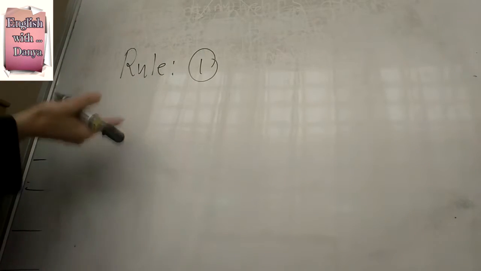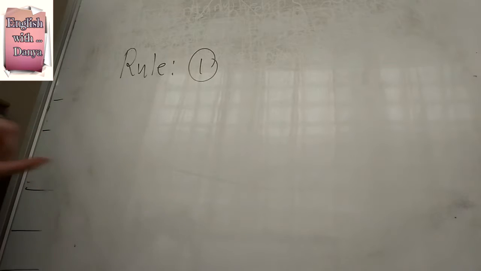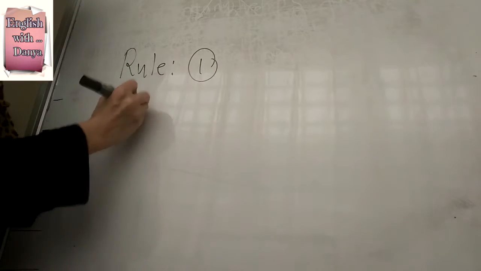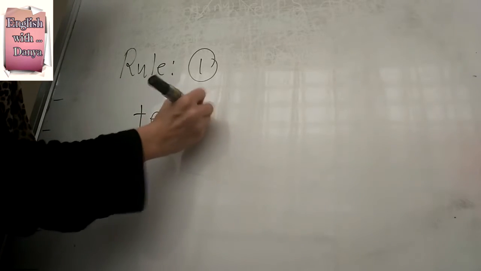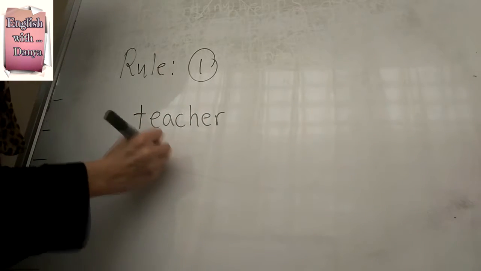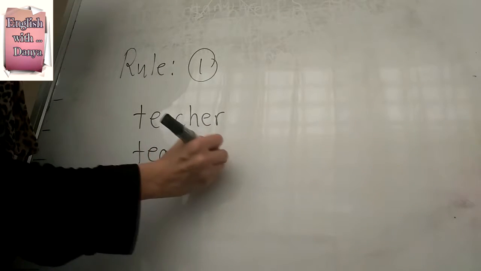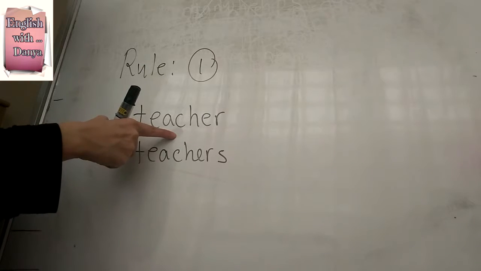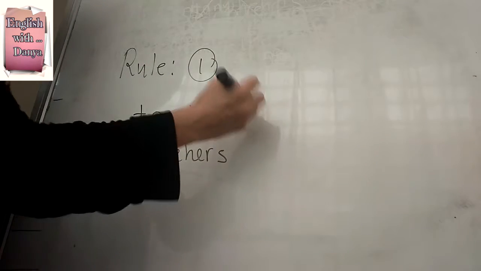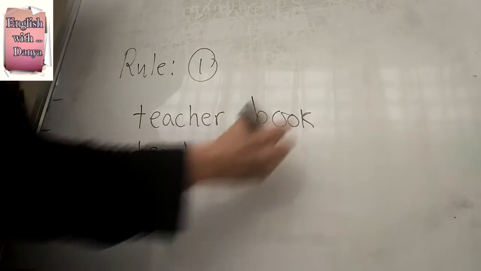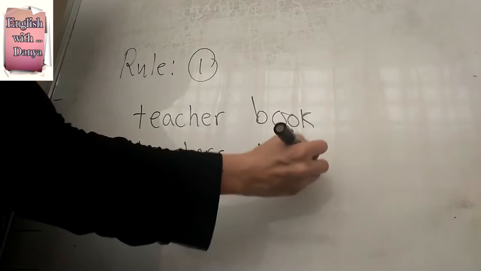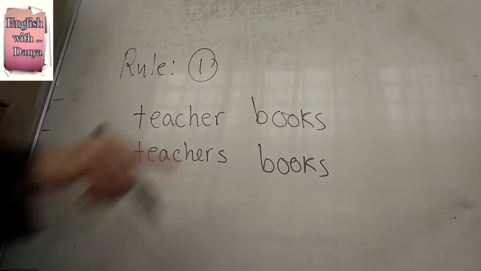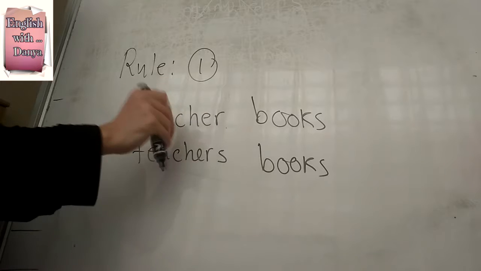Rule number one, as I mentioned a few seconds ago, is that you need to look at the name or the noun. So here we have teacher and teachers. When do we use the apostrophe? For example, teacher's book. You need to look at the last letter.